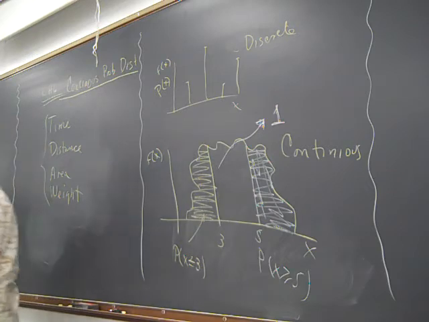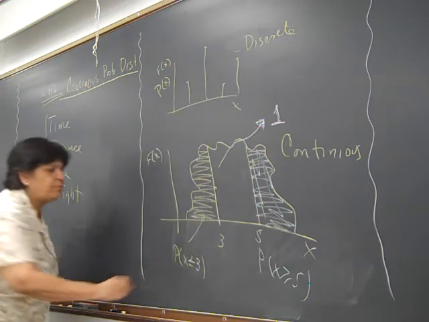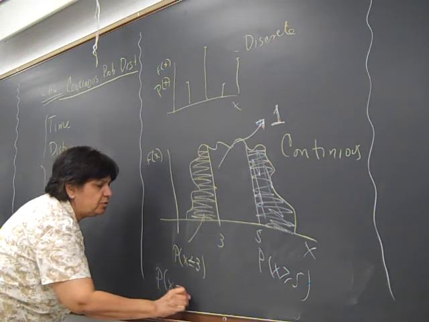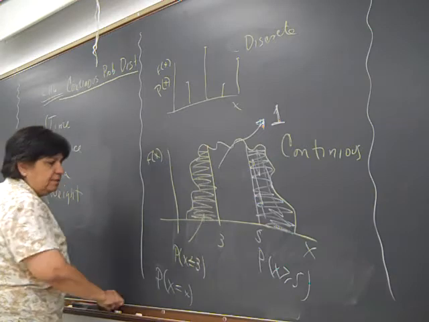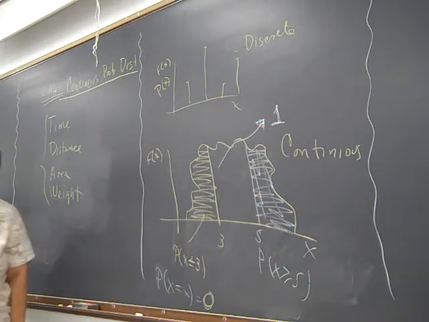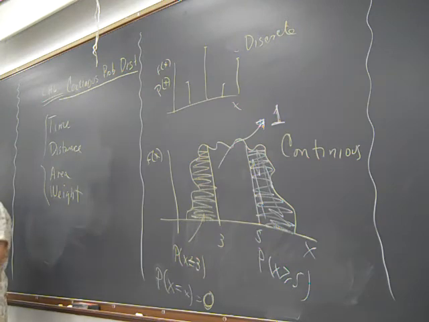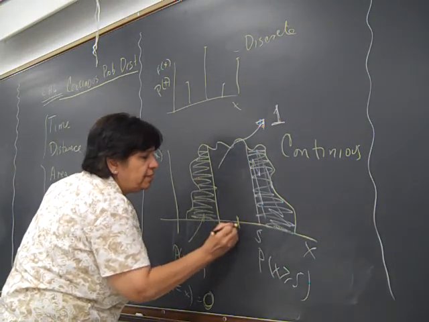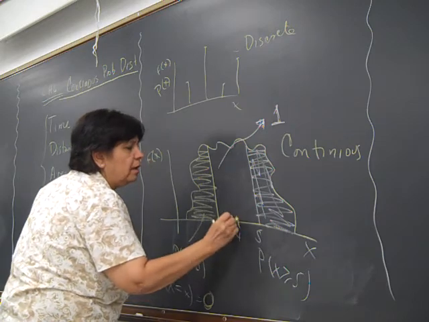And basically, if I ask you what is the probability that x is equal to a particular value, small x, for a continuous variable, it is equal to 0. What is the probability that x is equal to 4?